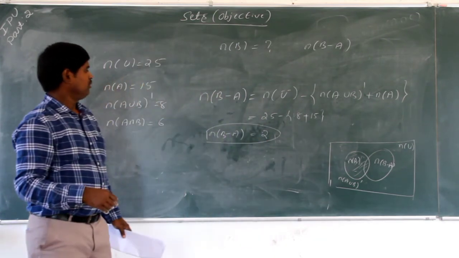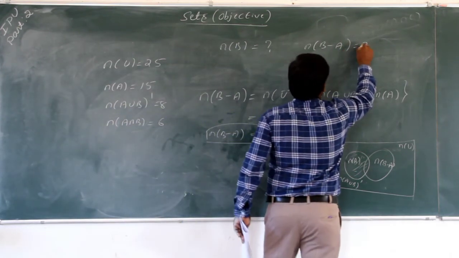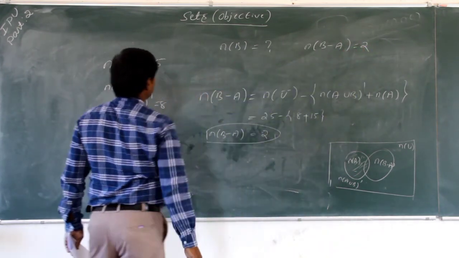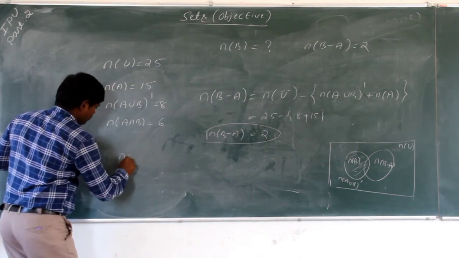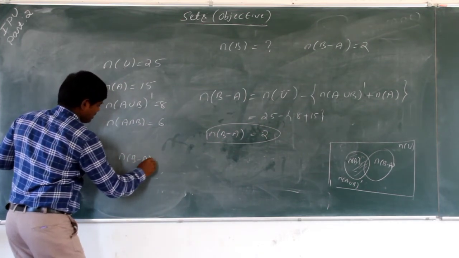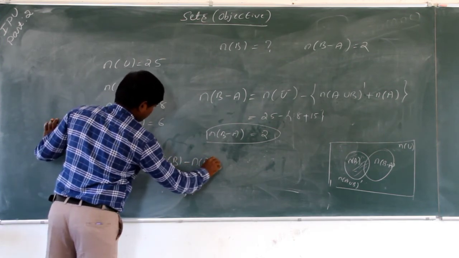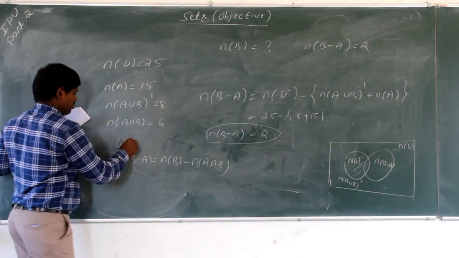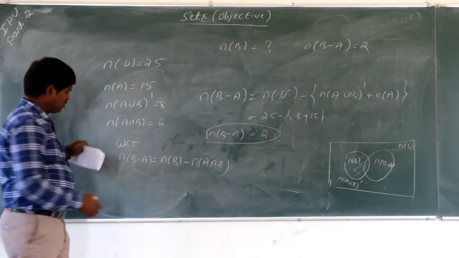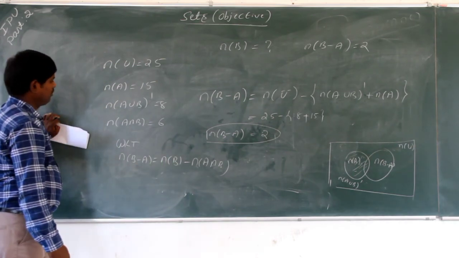Then we need to find the number of elements in B. We have a formula: n(B minus A) is equal to n(B) minus n(A intersection B).